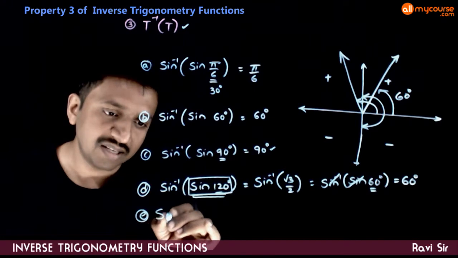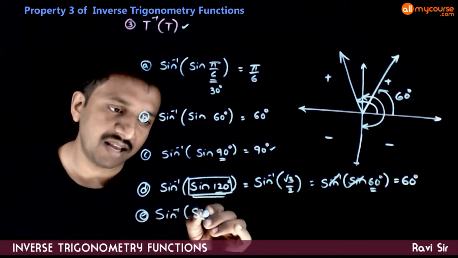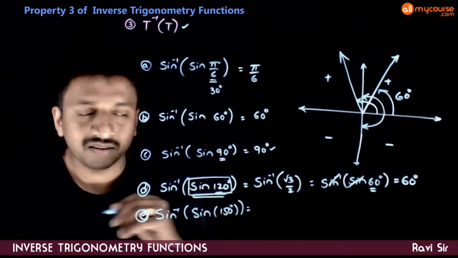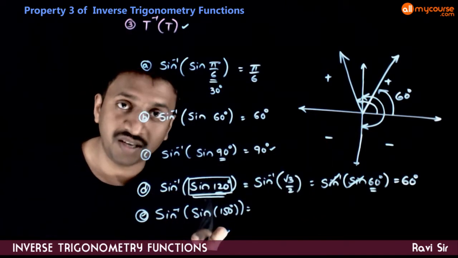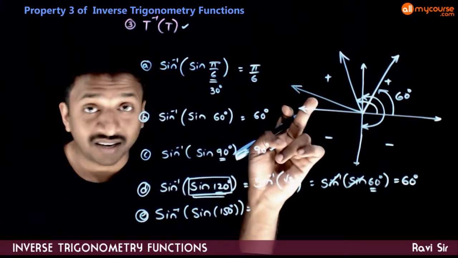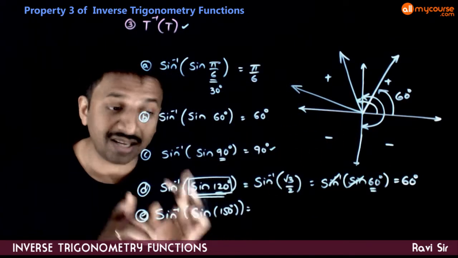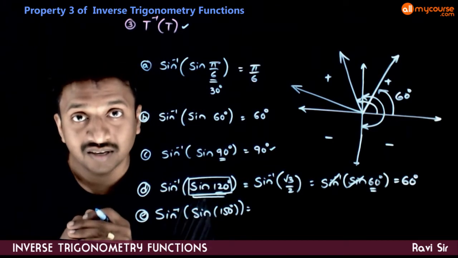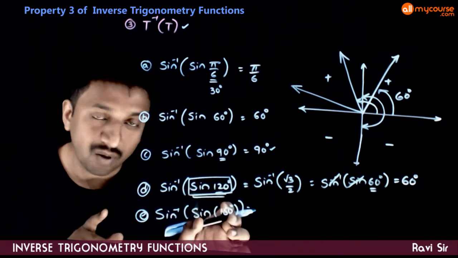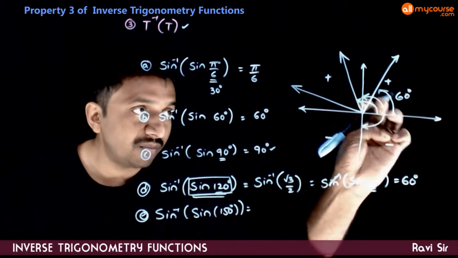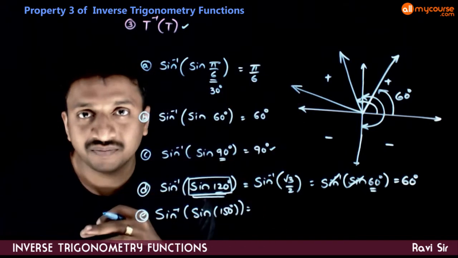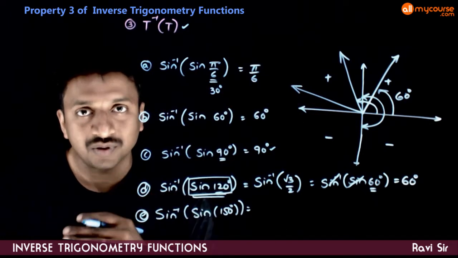Similarly, you have sine inverse of sine of 150 degrees. So corresponding to 150 degrees, the ray lies here, but this ray lies outside the range of sine inverse. So corresponding to the value of sine 150, I want a particular angle within this range whose sine is the same as sine 150. That is nothing but the allied position, right?